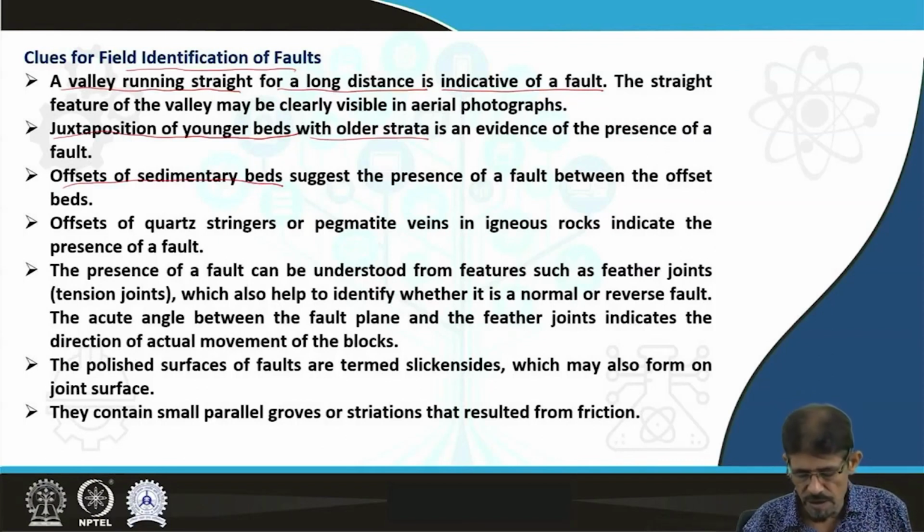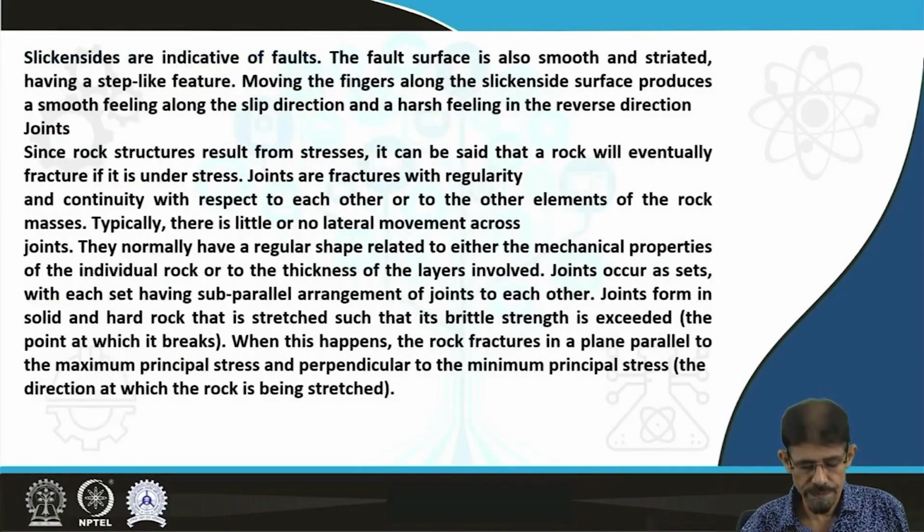Offset of quartz stringers or pegmatite veins is an indication of a fault, and the presence of a fault can be understood on the basis of tension joints and others. A polished surface on the fault surface is also an indicator. Presence of breccias related to faults are also indicators. Sequences also.